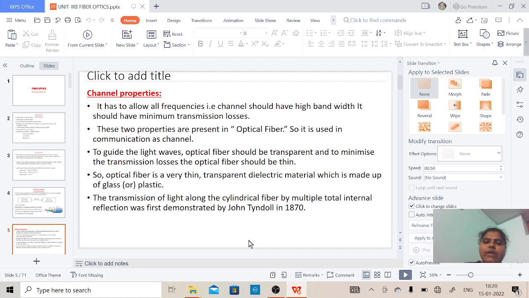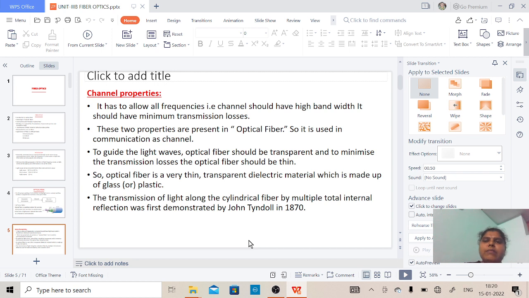To guide the light waves, the optical fiber should be transparent, and to minimize the transmission losses, the optical fiber should be thin.